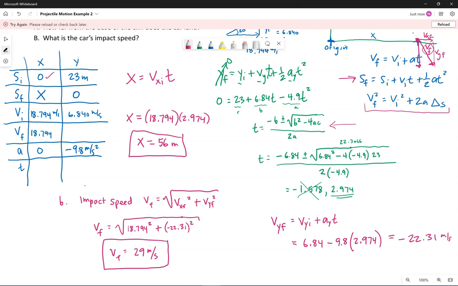I think the next problem is similar in requiring us to find time in a similar manner, so I'll take that approach in the next example. Quadratic formula works great, but if you don't remember it, then it doesn't work great. So just know there's another way to find time in this case.